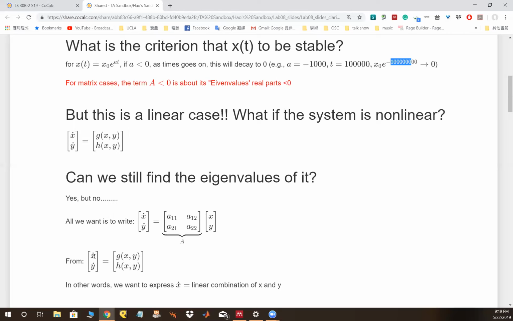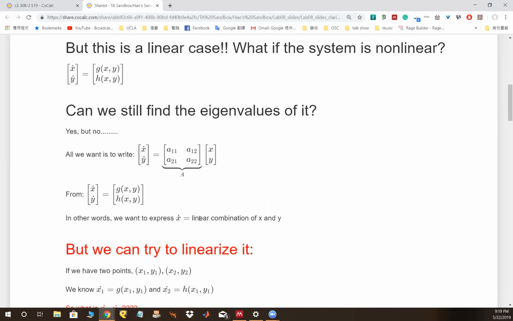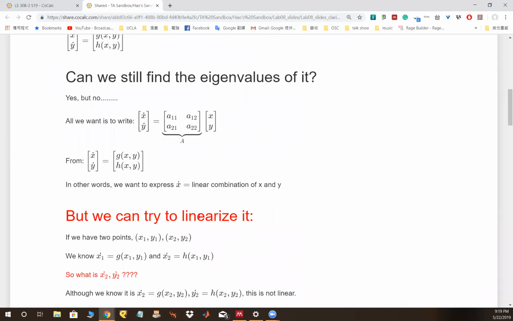However, this is all we have, which means it's not a matrix. So we want to make it a matrix. How to do that? The process we do here is called linearization, or the verb is linearize.